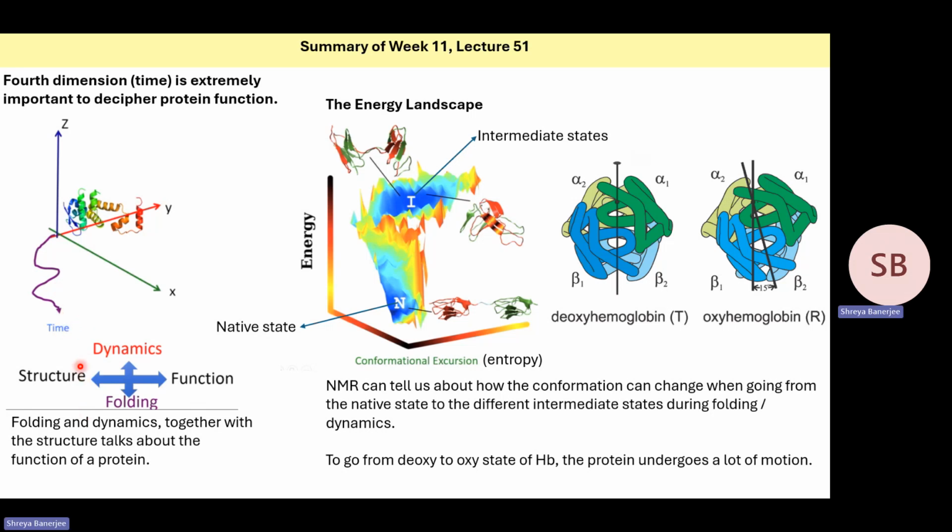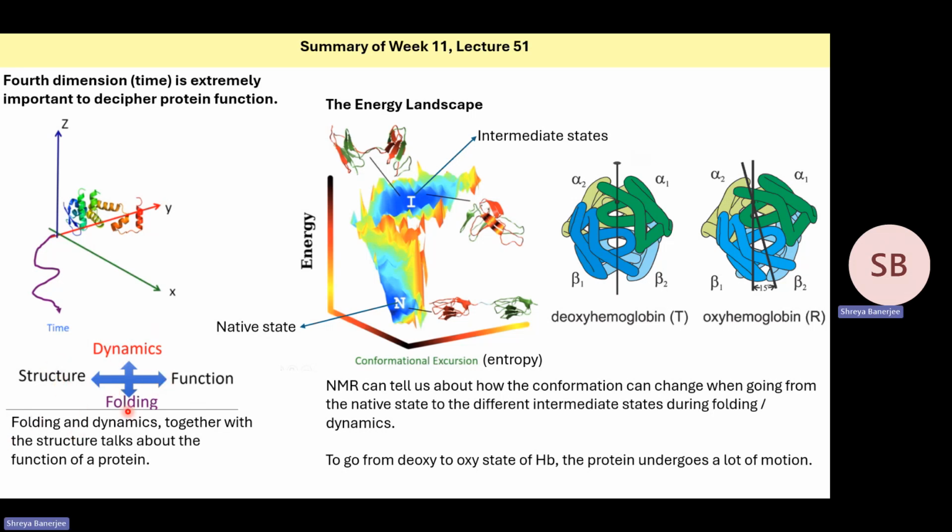So basically, you have the structure of the protein, which is changing with the dynamics, and also the protein is in different stages of folding as it goes down the folding funnel. And the function of the protein is very much dependent on the structure.